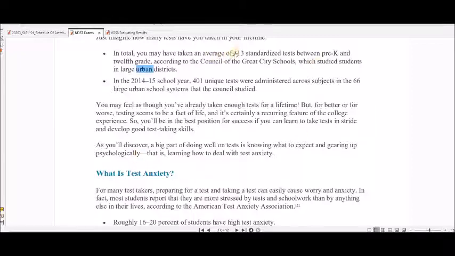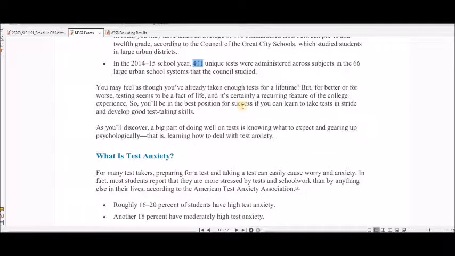And so 113 times that you're tested between K and 12th grade, that's like 8 or 9 tests a year. These are standardized pre-written tests that have high stakes. That's just too much. Okay, a few years ago they gave 401 unique tests across 66 different subjects in large areas. That's a lot of testing.